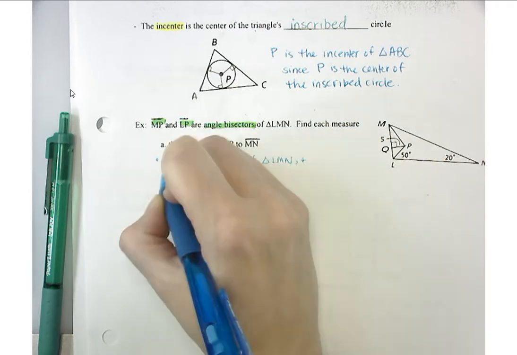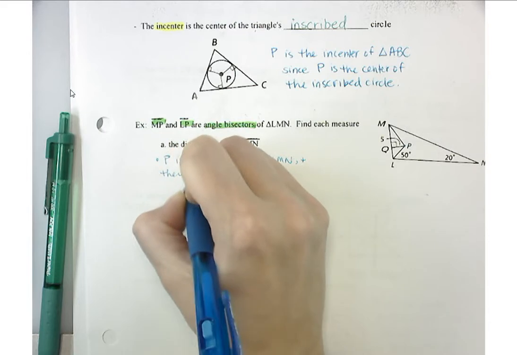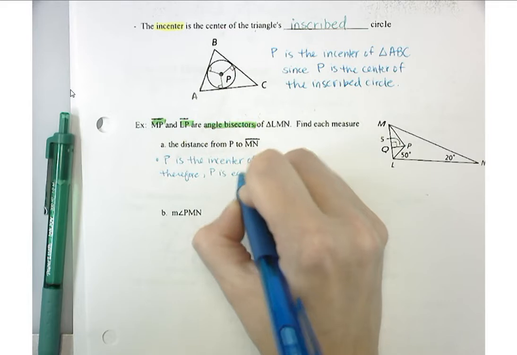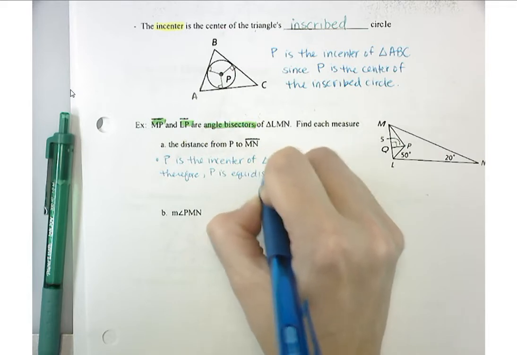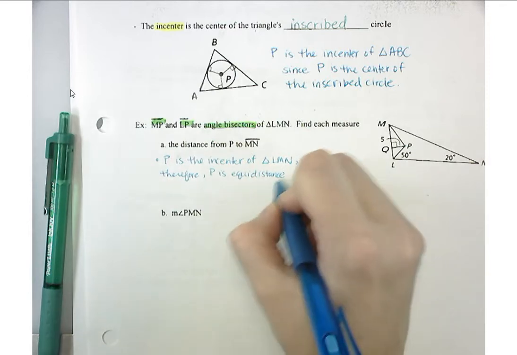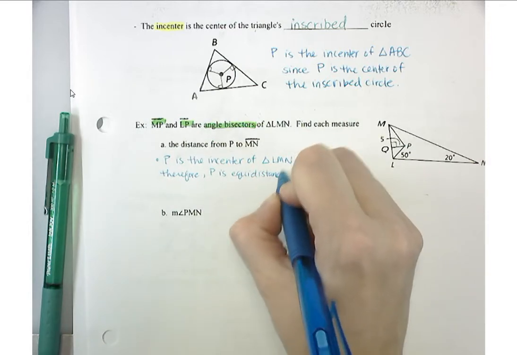So I'm going to say, and therefore, P is equidistant. I put equidistance, but it's really equidistant.